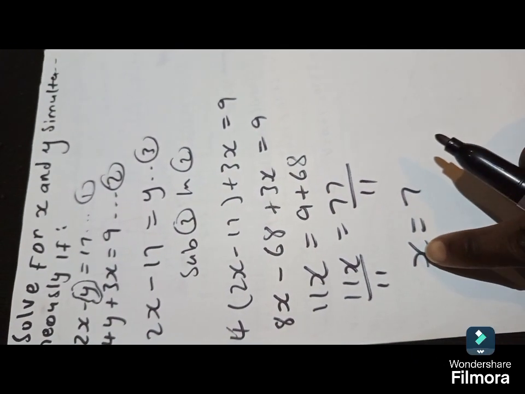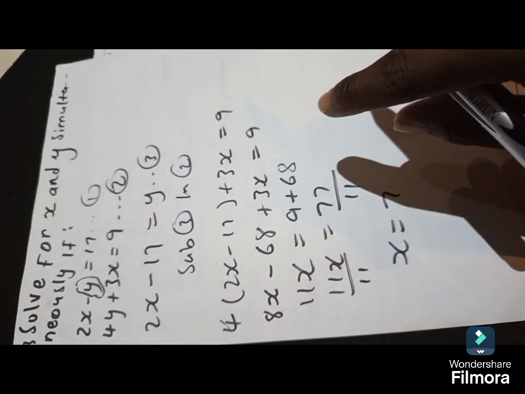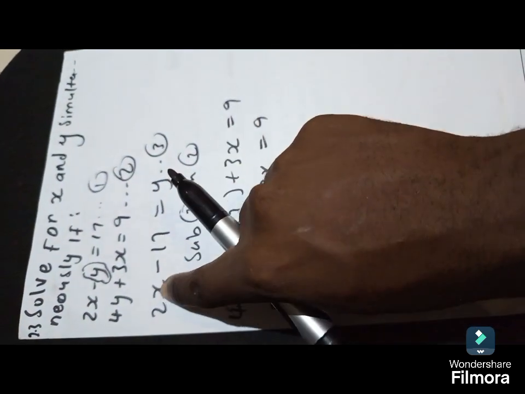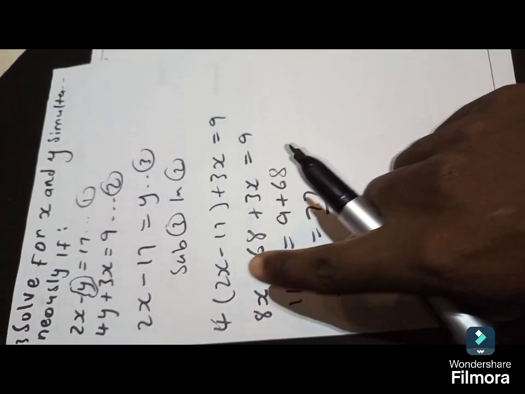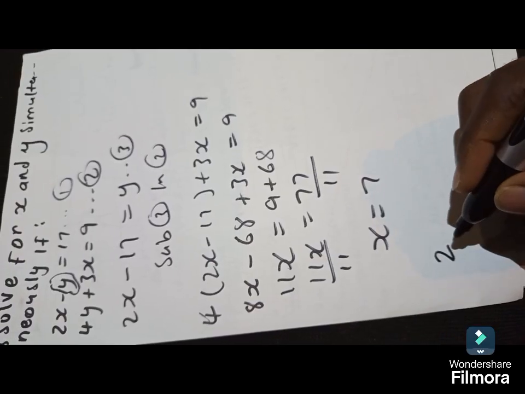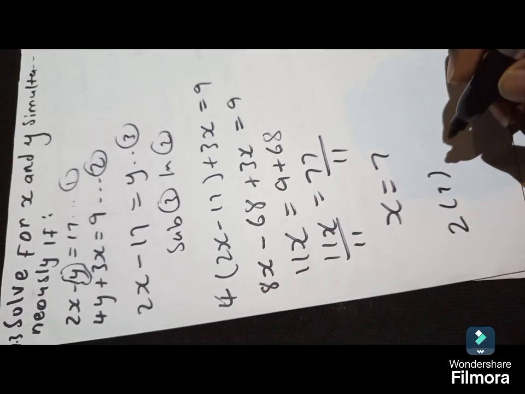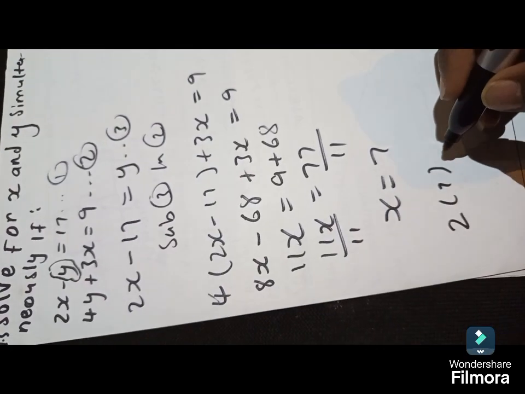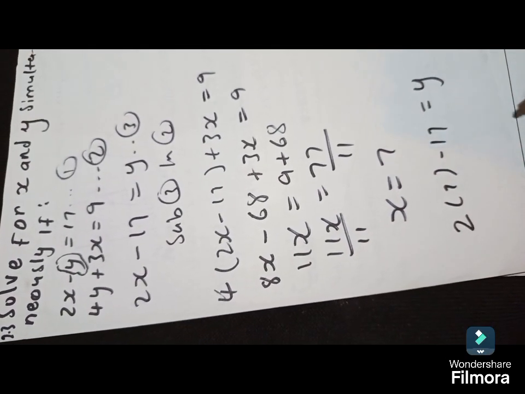So how can you solve for y? If you have x, now you can go to your equation 3 and solve for your y. You just put this x is 7, you just take it and put it here. So let's do that. So that's 2 in bracket, we have 7, minus 17, that is y.